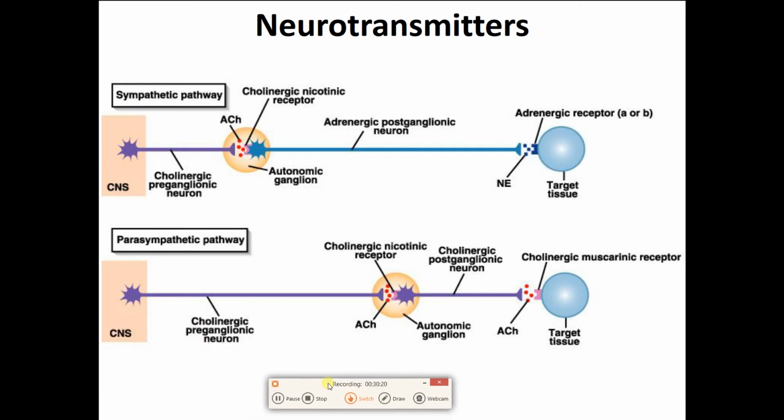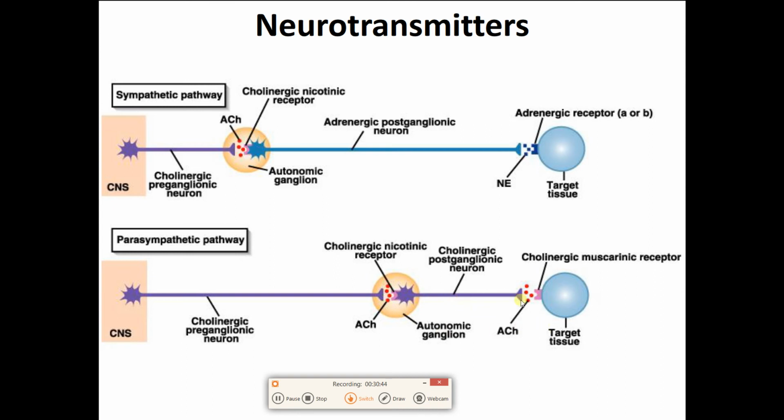But then the difference arises on the target tissue. Our sympathetic postganglionic neuron is an adrenergic neuron because it releases norepinephrine. The parasympathetic pathway, its second neuron, its postganglionic neuron, releases acetylcholine.